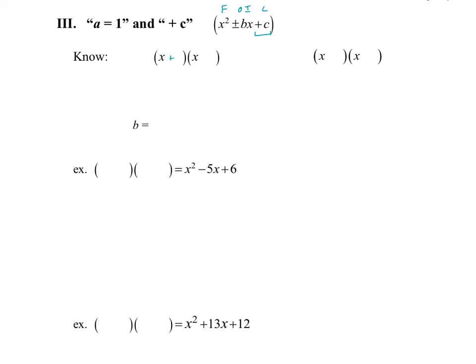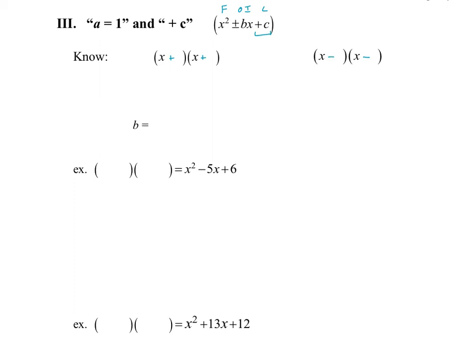So I could have an x plus some number and an x plus some number, because when I do a positive times a positive, that's going to give me a positive c. But that's not the only option. You're also going to have option of an x minus and an x minus, because when I do a negative number times a negative number, it gives me a positive. So we have 2 different options here.